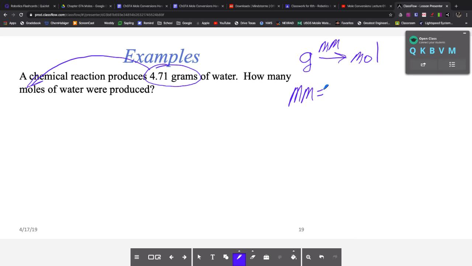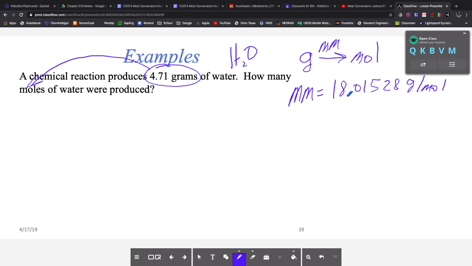We find that the molar mass of water is 18.01528 grams per mole. Now, if I wanted to calculate that, since water is H2O, I would take the atomic mass of hydrogen times 2 plus the atomic mass of oxygen, and you add that together, you're going to get 18.01528.